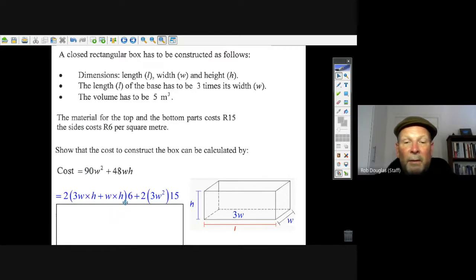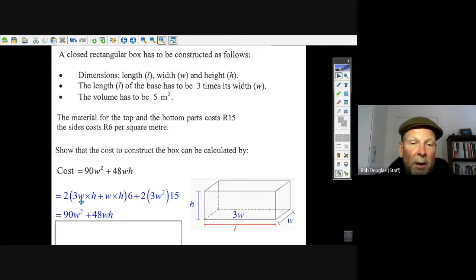But now there's a front and a back, which would be 3WH, and the right side and the left side, which would be W times H. So 3WH plus WH is 4WH times 2, because there's left side and right side and a front and a back, and then times 6 because that's its cost.